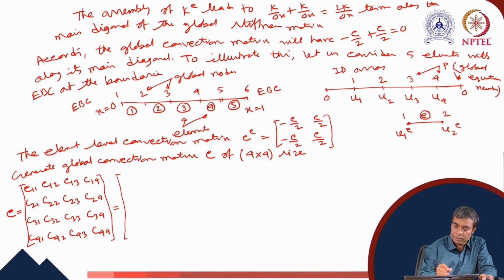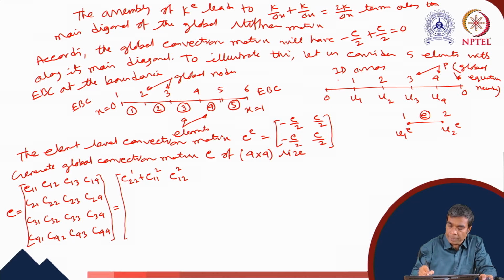This C11 will be C221 plus C112. Then C12 will be C122. Let us give the element numbers 1, 2, 3, 4 and 5 for the last element. So C13 and C14 will be 0, 0.